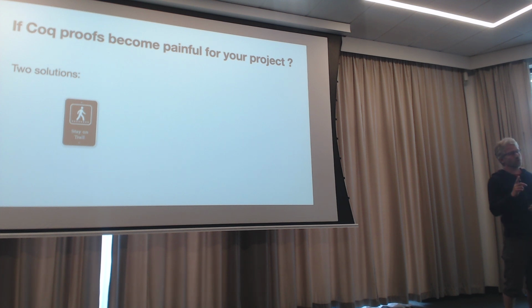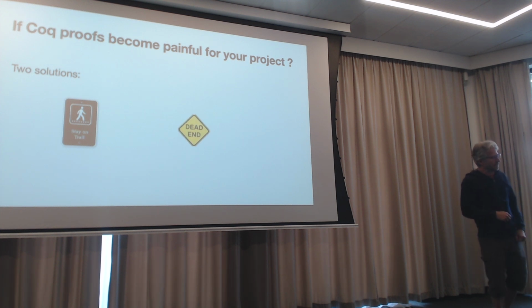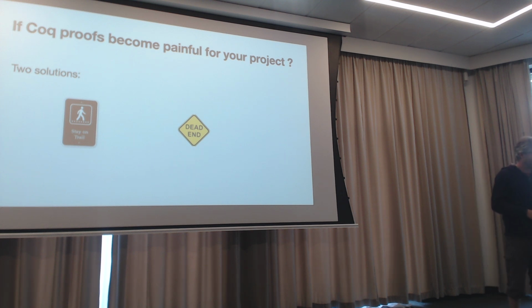Or there is another way. Is to decide to come back because it's a dead end. You decide to come back to the original model you developed. Because somehow, if you have troubles with your proofs, maybe it's because your model, the model of the object you would like to manipulate, is not the right one.